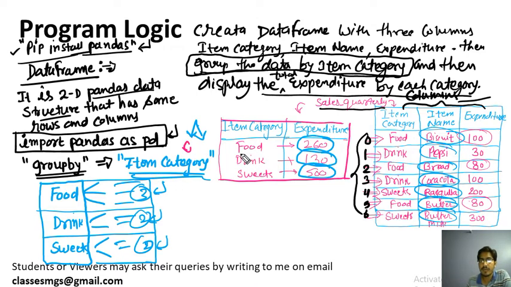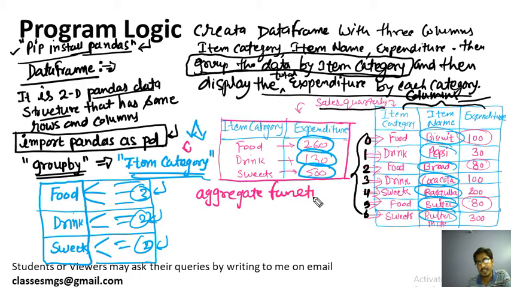Now we want to calculate the sum of the column expenditure. Then what we will do is fetch this group, do the group by, and then apply the aggregate function. Do you know the aggregate functions?